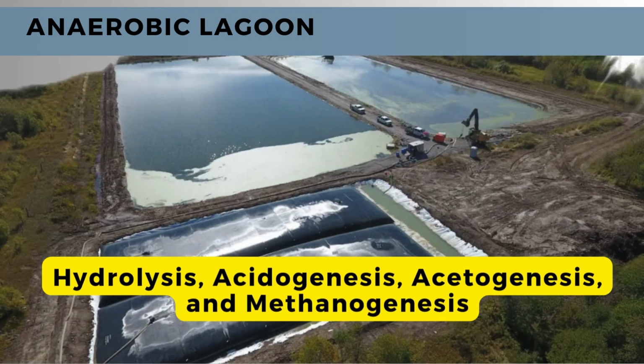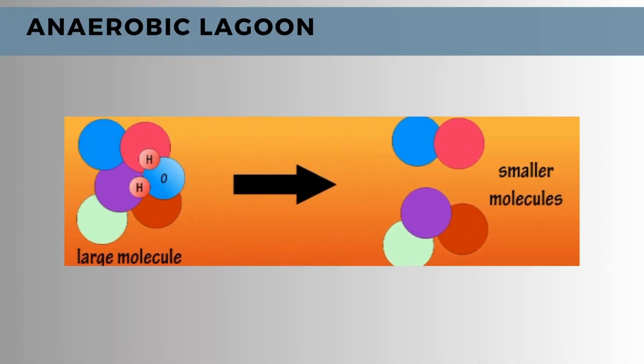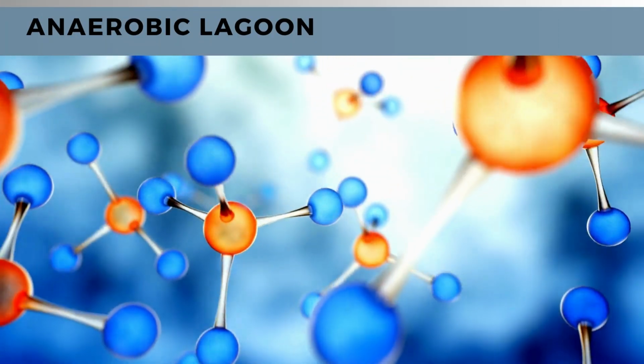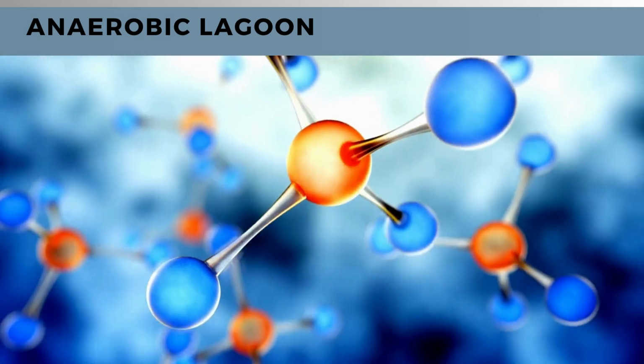Anaerobic digestion in lagoons involves a sequence of biochemical processes carried out by anaerobic microorganisms, which includes hydrolysis, acetogenesis, and methanogenesis. Large organic molecules are broken down into simpler compounds like amino acids, sugars, and fatty acids by enzymes.